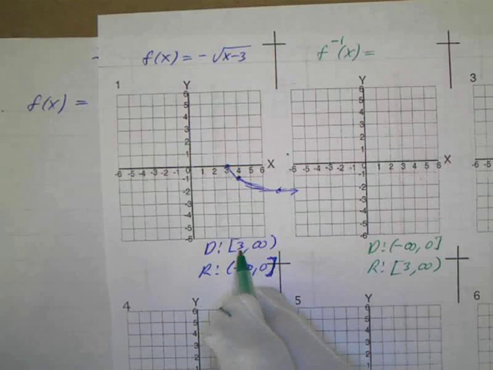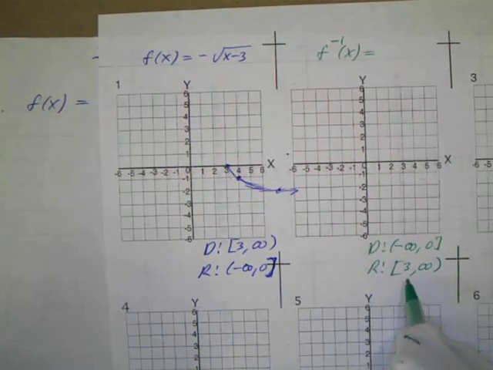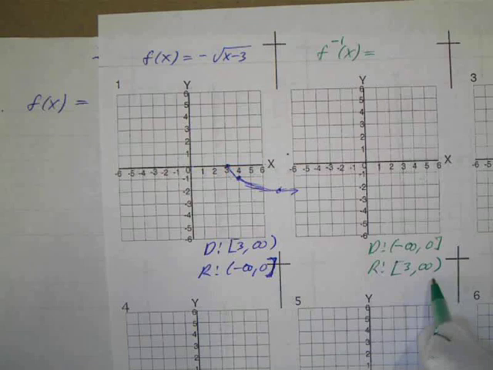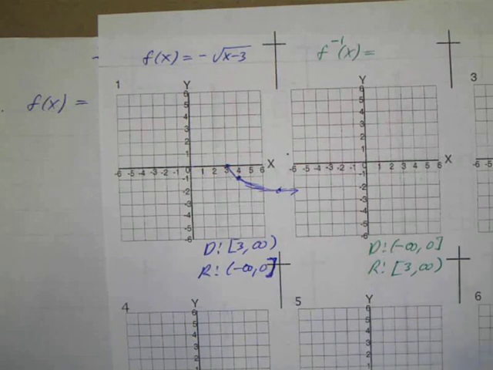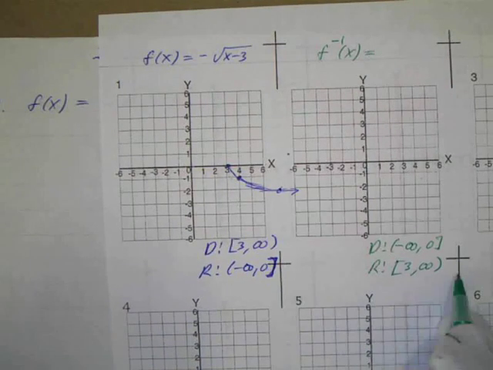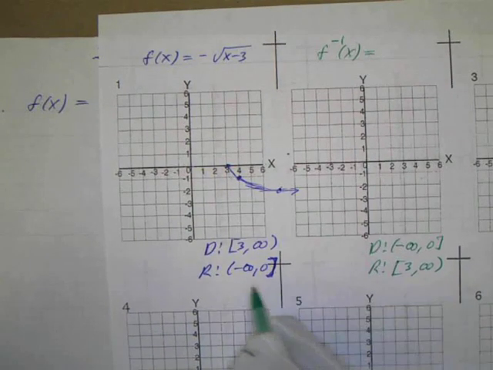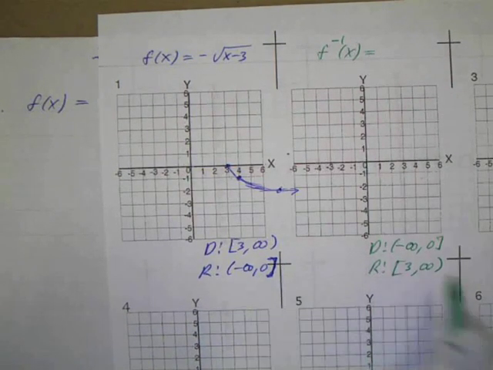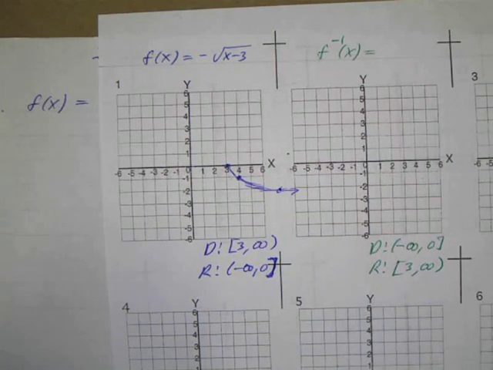Rather than saying x is greater than 3, then this is going to be y is greater than 3. So that might be a little confusing, flipping the x's and the y's. If we just write the interval notation, it's real easy, just flip them. So 3 to infinity, that'll be the range. And negative infinity to 0, that's going to be the domain of the inverse function when we figure that out.